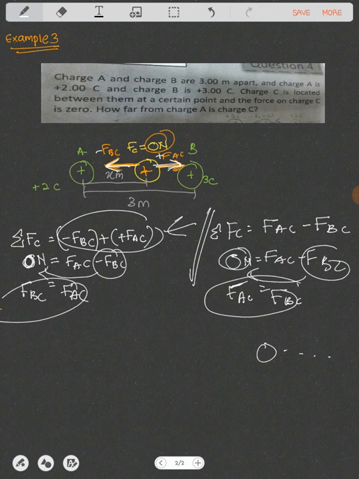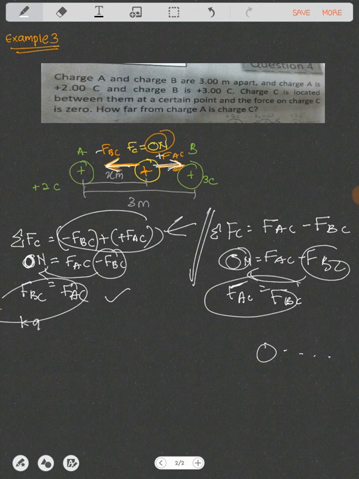Okay, so bila kita dapat macam ni, apa yang kita nak sebenarnya? Kita nak tahu direction. Direction ni kita boleh dapat dia punya jawapan dia daripada formula of electric force at FBC, which is the electric force that is being exerted by charge B on charge C, and electric force that is being exerted by the charge A on C. So kita tulis formula dia satu persatu.